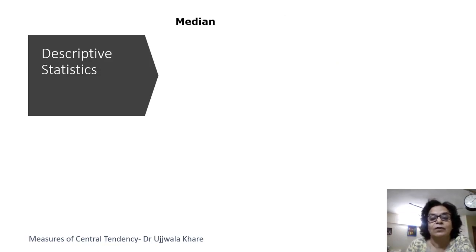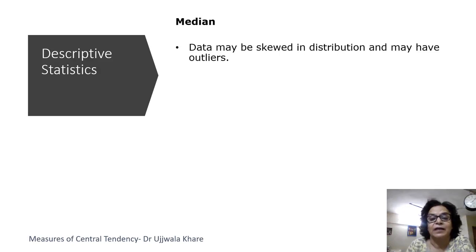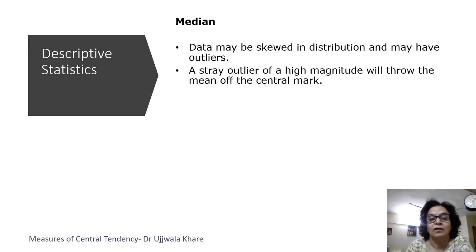Then we move on to the next method, that is median. The data may be uneven or they may have outliers. Now a stray outlier of a high magnitude will throw the mean off the central mark. This means, suppose you have data of rainfall for 5 data points, like it may be 5, then 10, 15, 20, and the last one may be 500.